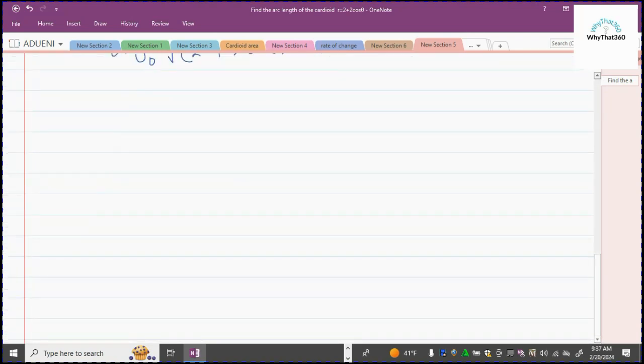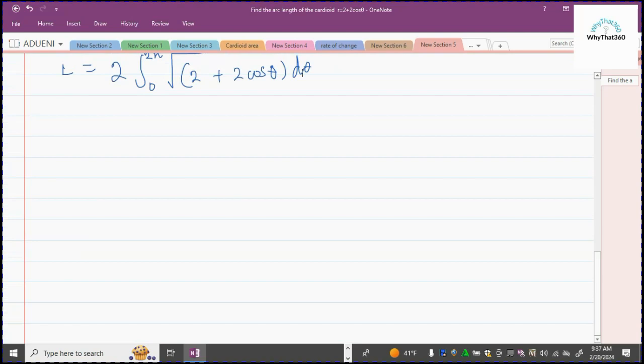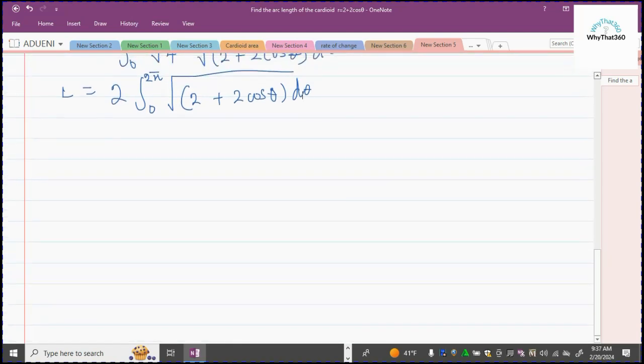We are going ahead. Next thing that we are going to do is we have this trig identity, which goes like cos 2 alpha is equal to 2 cos squared alpha minus 1. This is a trig identity.